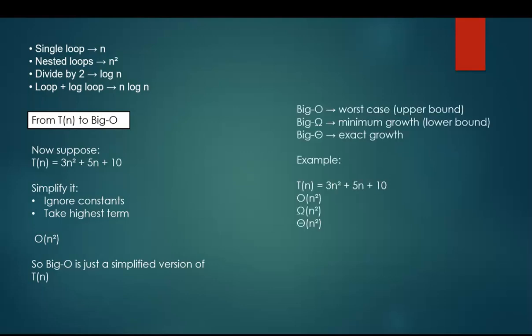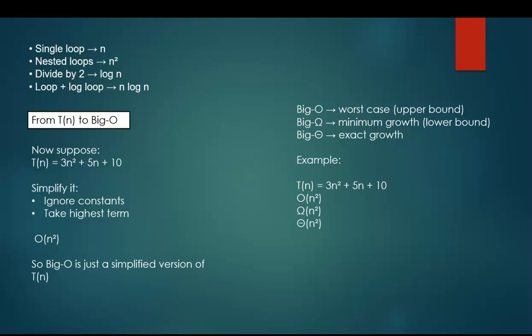Okay. So now there are three important notations: big O, big omega, and big theta. Big O represents the upper bound, big omega represents the lower bound, and big theta represents the exact growth.